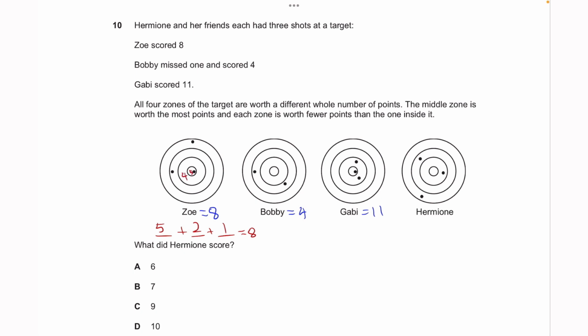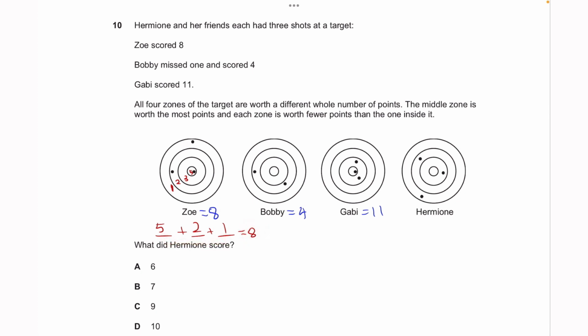This can't be 4, because we need to make sure that this part is 2. So this could be 3, and then 2, and then 1. And so we can see that Zoe scored a 5 in the center, a 2 which was not in the second ring but the third ring, so that's a 2 here, and then finally on the outer ring, which is a 1 there. So 5 plus 2 plus 1 is an 8, makes sense.